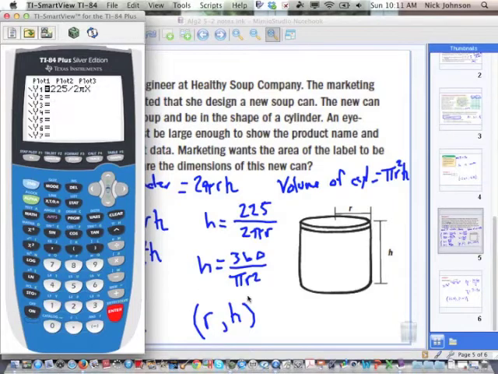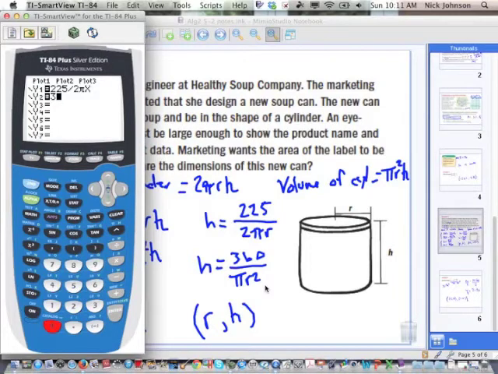And on our second equation, this 360 divided by pi r squared, I got to make sure that they take pi times r squared first before they take 360 divide, because if I just write it straight through, 360 divided by pi and then times r squared, they're going to do the math wrong. I have to take pi times r squared, so you got to put parentheses around that.